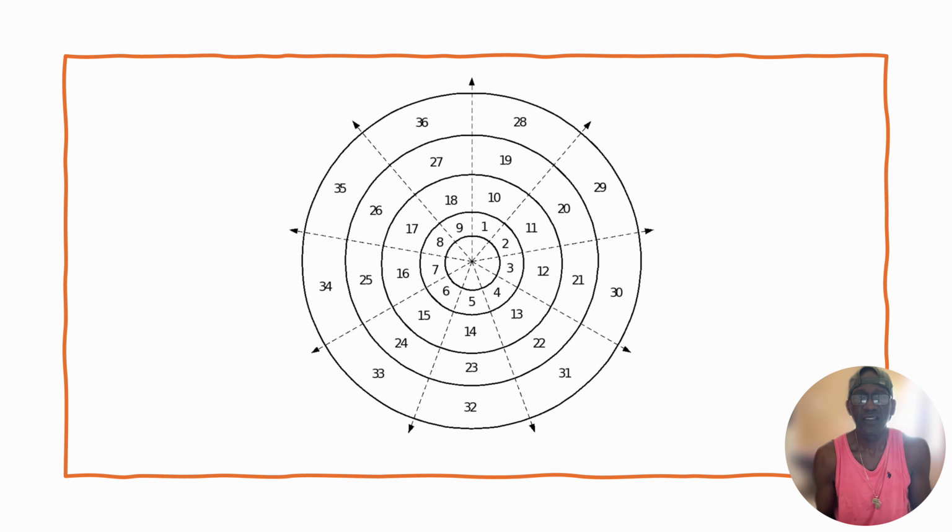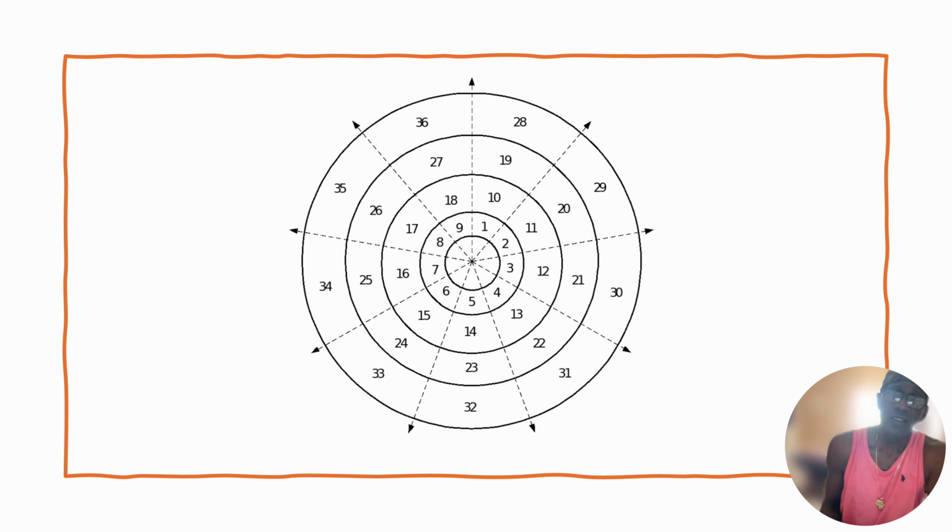This alignment is intentional and significant as each outer circle number relates back to its corresponding inner circle root number.